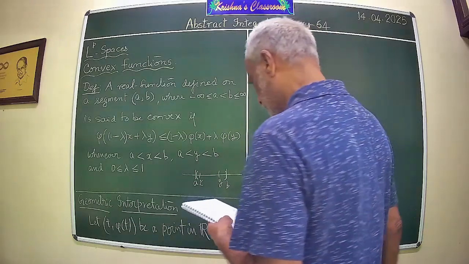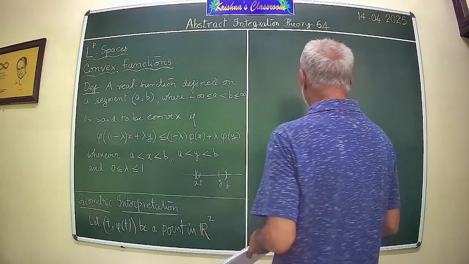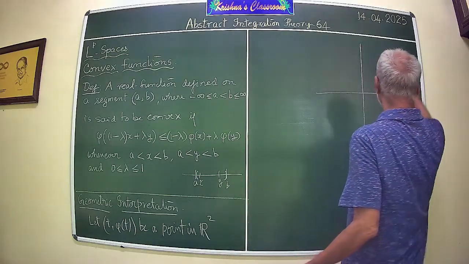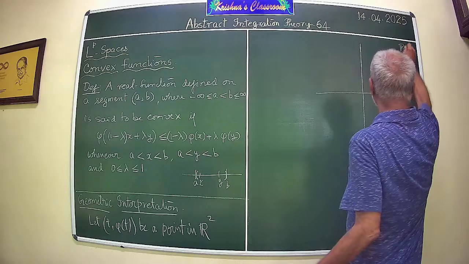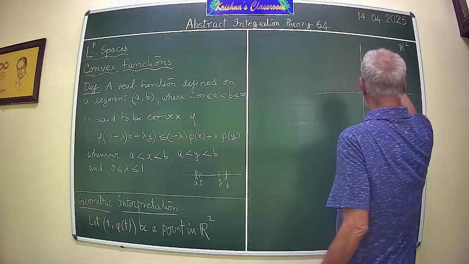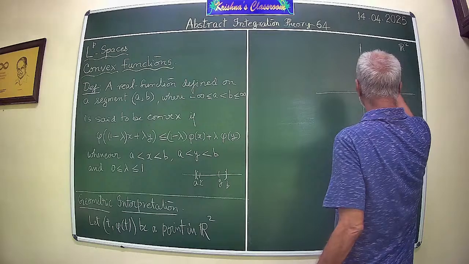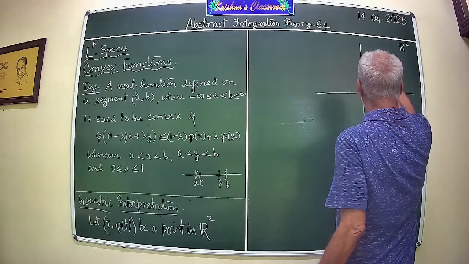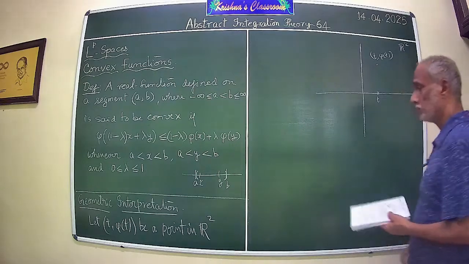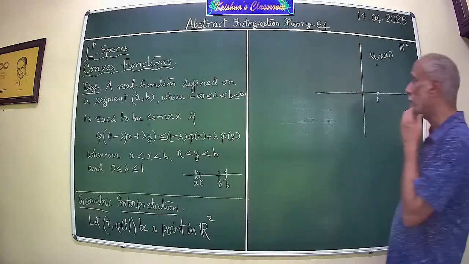That means it's in R2, the points t, phi of t.